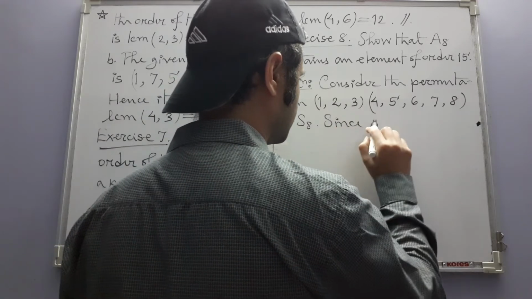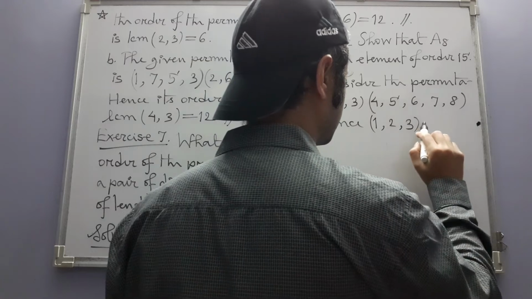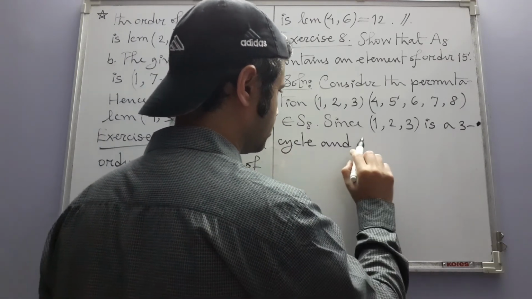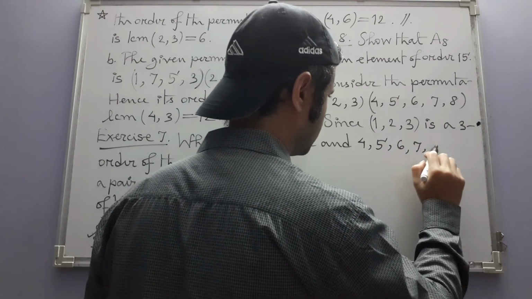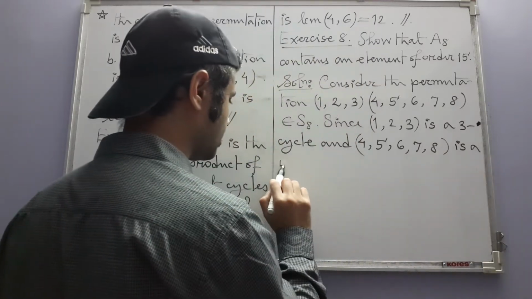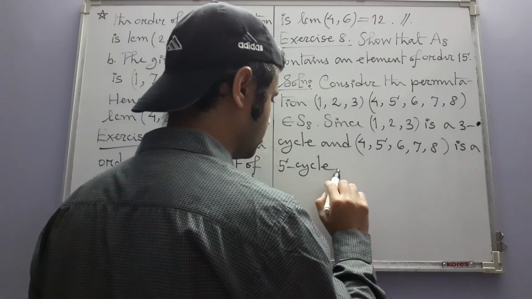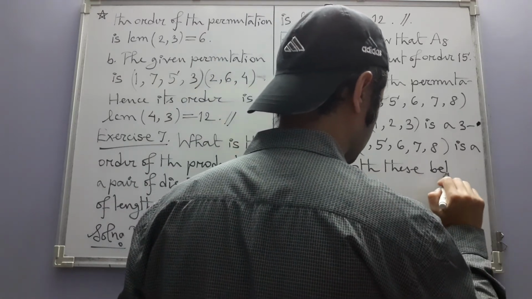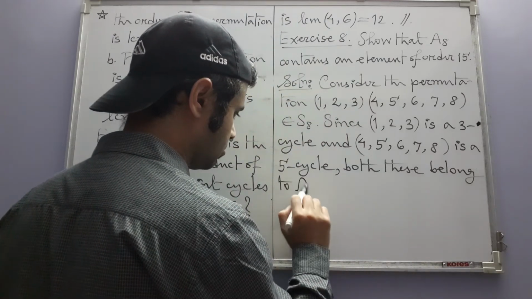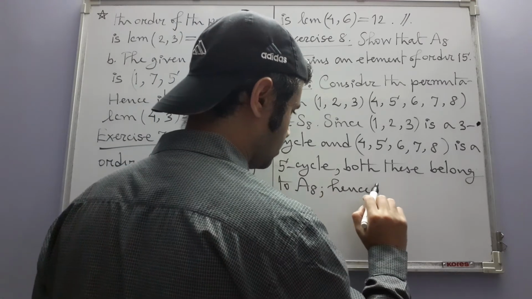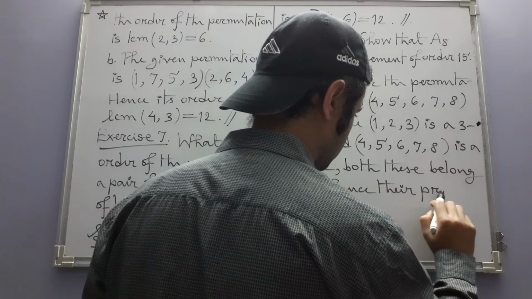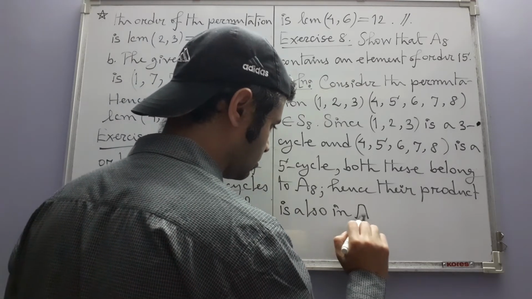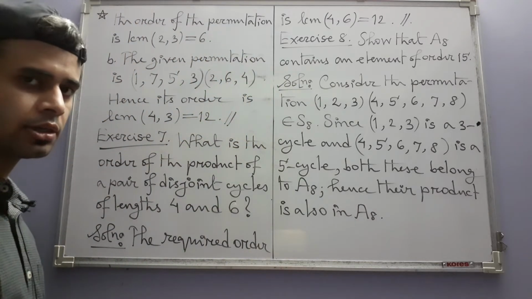Since this is a 3 cycle and this is a 5 cycle, both these belong to A8, hence their product is also in A8, and its order is of course what we want.